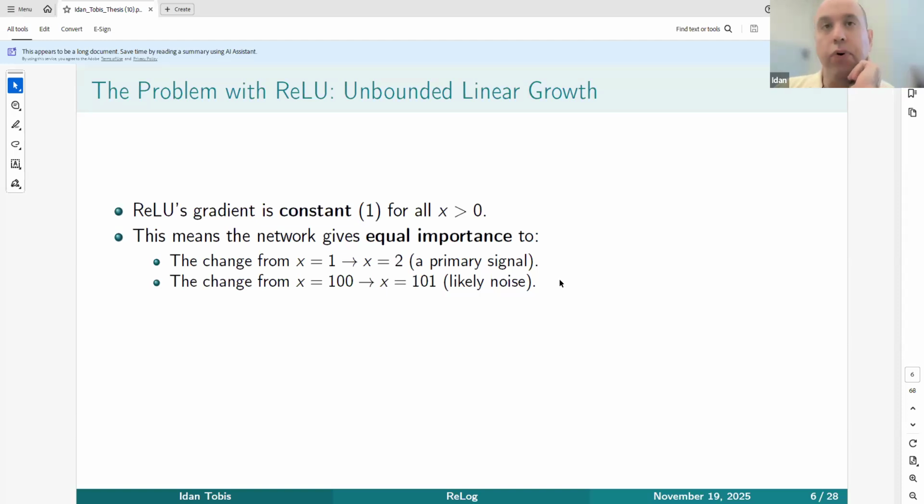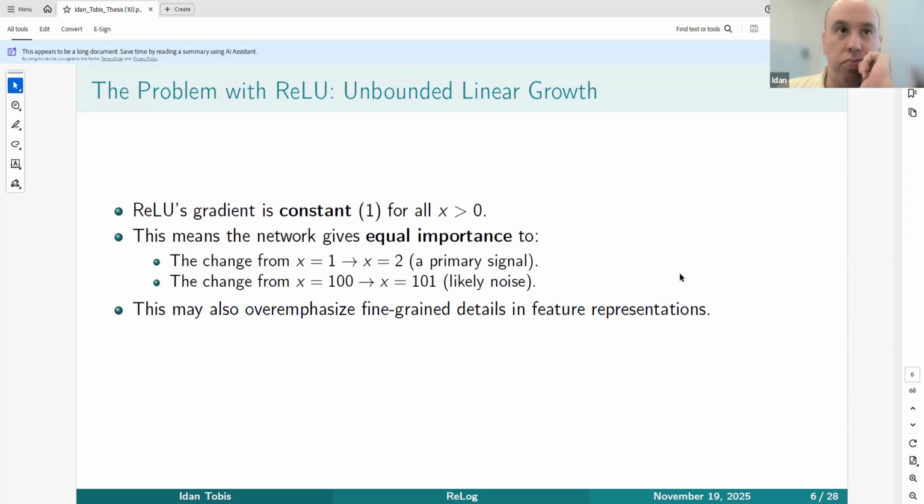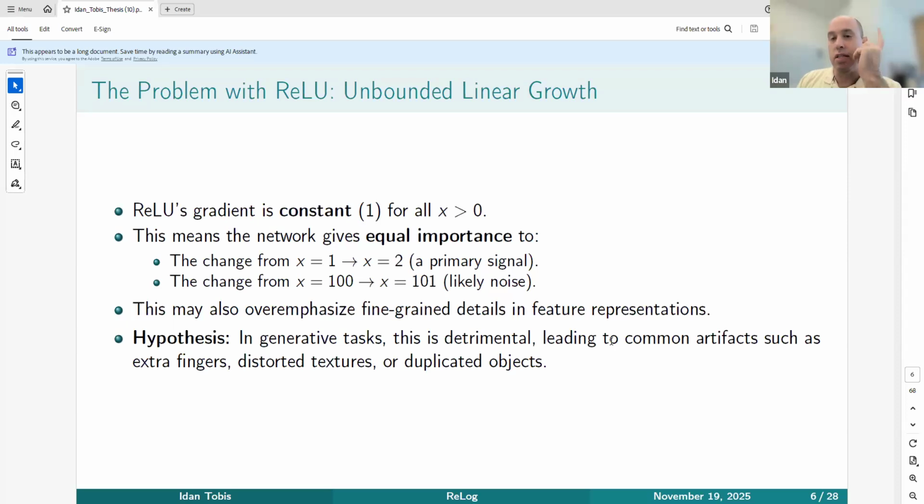So if we have an output of 1 and this changes to 2, this would be what we call a primary signal. It gives us the same importance as if the change is from 100 to 101. The problem with that is that this may overemphasize fine-grained detail in feature representation, which means, for instance, 6 digits instead of 5 digits.